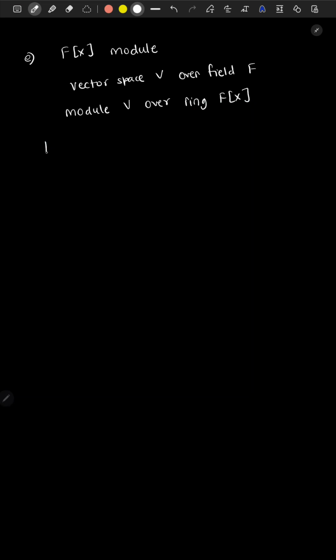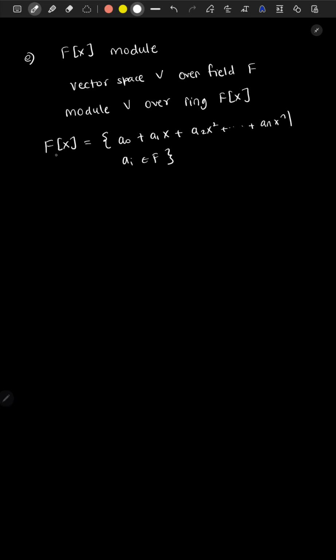So first, what is F[x]? Let's just write a typical element here. A typical element would be a0 plus a1x plus a2x squared up to anx^n, where ai belongs to F. So consider all such polynomials in x whose coefficients lie in F. So that is our F[x].